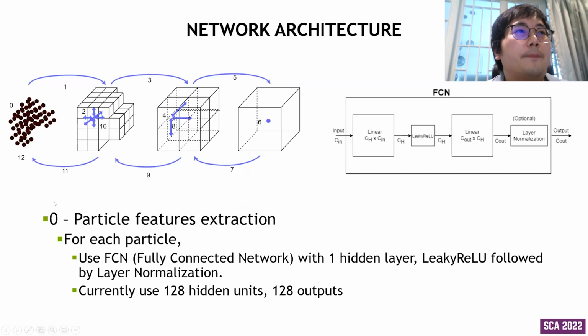In step 0, particle feature extraction, we have the input features as described earlier, and we pass them through a fully connected network with one hidden layer, leaky ReLU, and layer normalization to get a latent space encoding with 128 outputs.